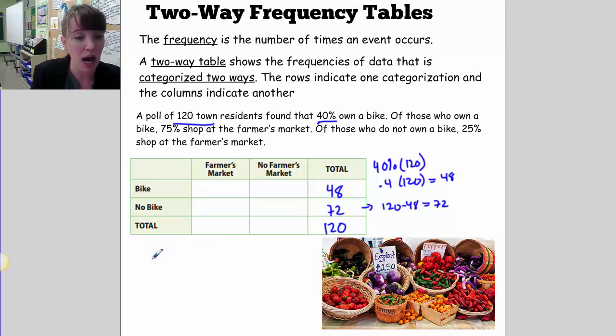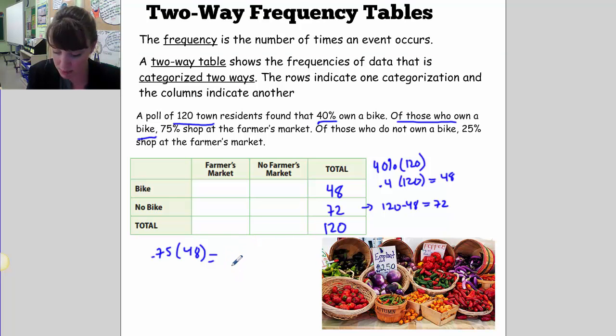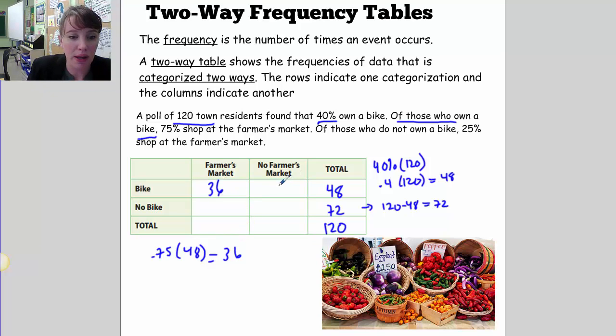So here I have to figure out 75%, or 0.75, times 48, not times 120, because they've already given us this qualification that it's only the people who own a bike. So that's going to be 36 people. That means that this has to be 12 here because it adds to 48.